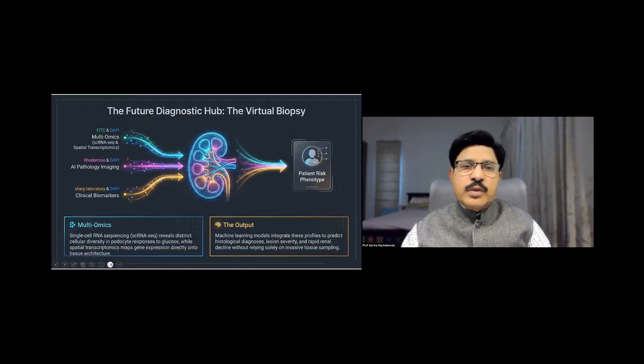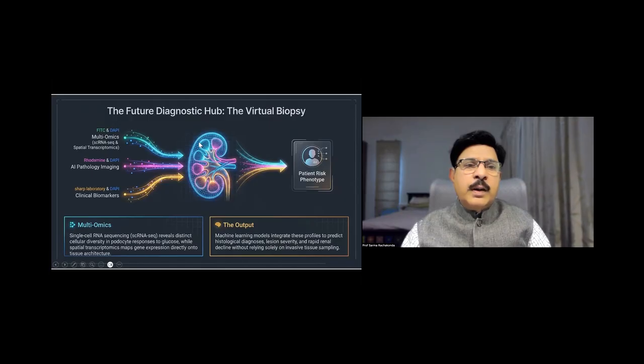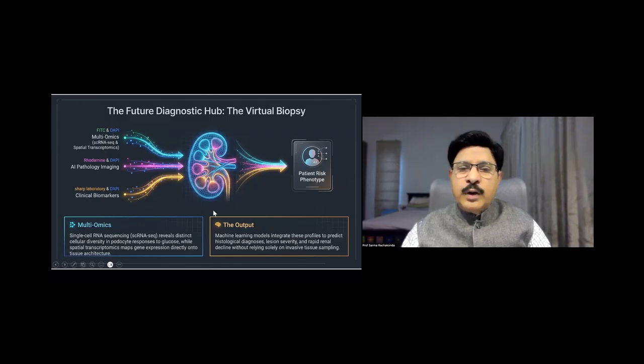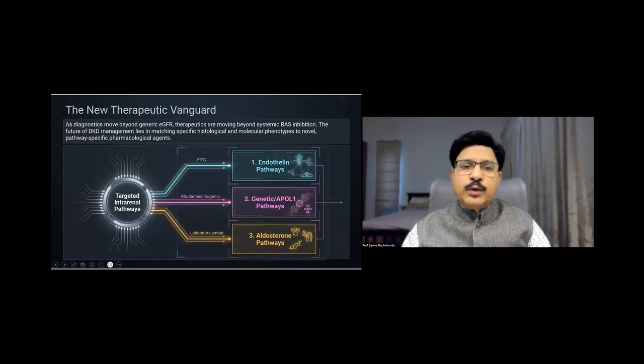Okay. Now you have got the multiomics, RNA sequencing, spatial transcriptomics, AI pathology imaging, clinical biomarkers, and patient phenotype identified. Output, machine learning models integrate these profiles to predict histological diagnosis and better future. Now, endothelin pathways, genetic APOL1 pathways, aldosterone pathways, all are new therapeutic vanguard.